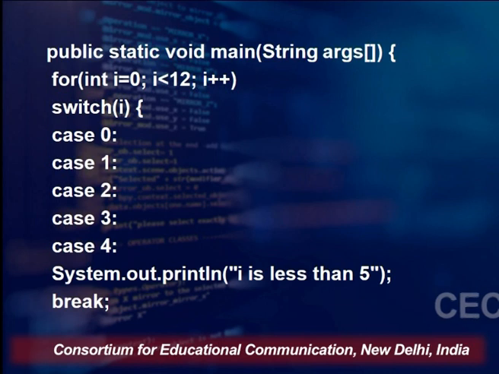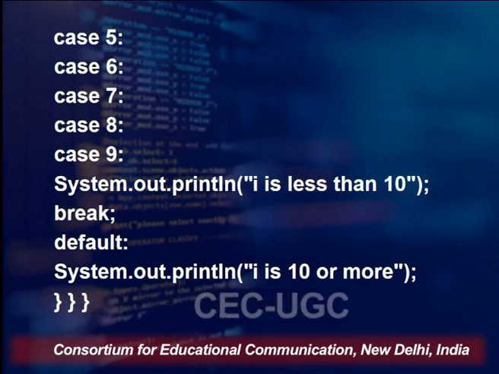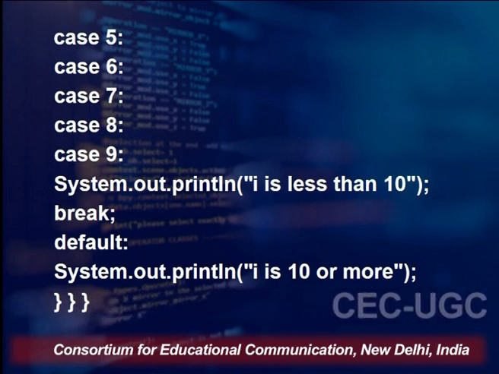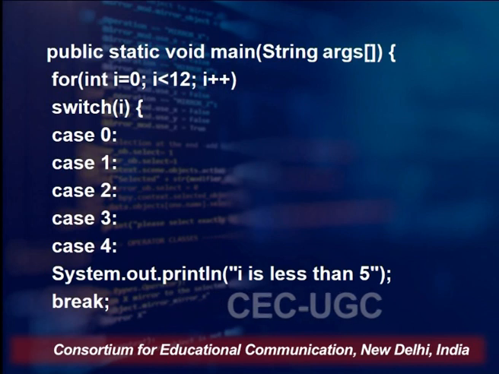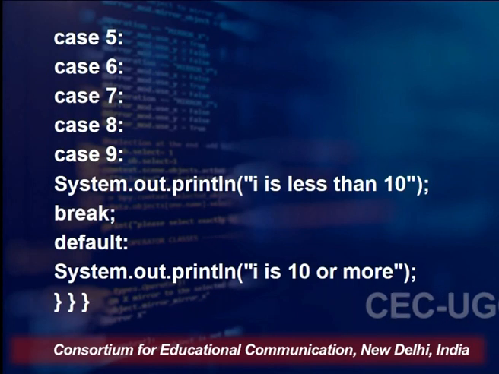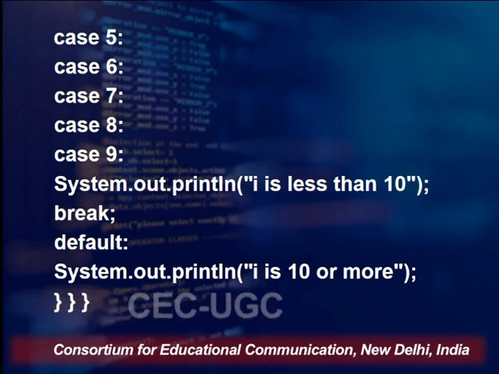And similarly, in case of any value which is 5, 6, 7, 8, 9, it will go to system.out.println I is less than 10, because there is no break. And finally, this I is less than 10 or I is less than 5 are followed by break, and so is your default statement which says I is 10 or more. So, I hope you understood how this program is giving the output that it is giving.